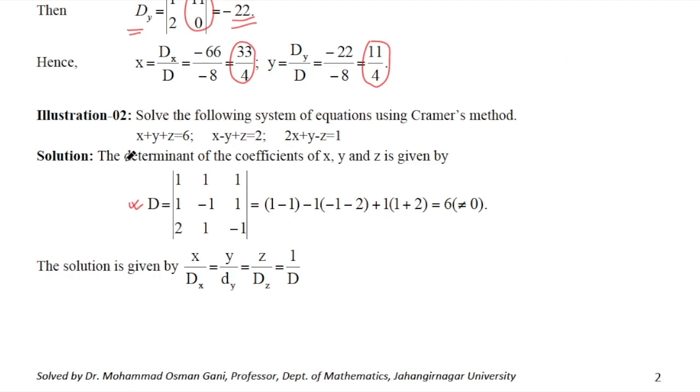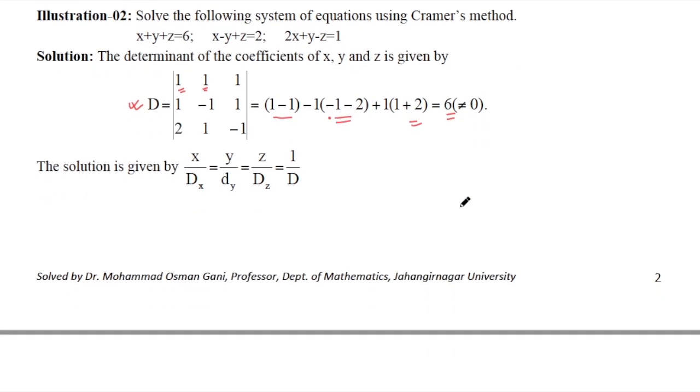So the determinant of the coefficient matrix D here will be 1 into 1 minus 1, which is this, and minus 1 into 1 into minus 2, minus 1 minus 2, which is this, and 1 into 1 plus 2. So the value of D is 6, which is not 0. It indicates that the system has a unique solution.